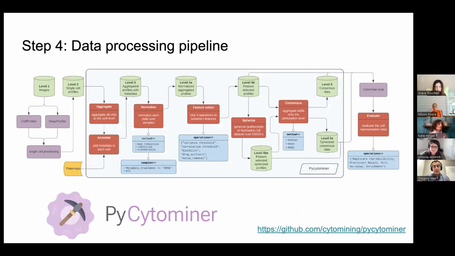That's where PyCytominer comes in. I'm not going to go through all of this complex, busy slide, but PyCytominer is the tool that we develop and use to essentially convert that readout to something that we can play nicely with.